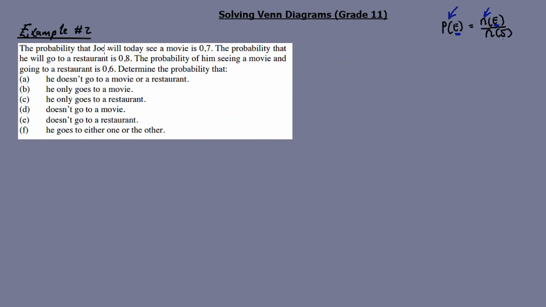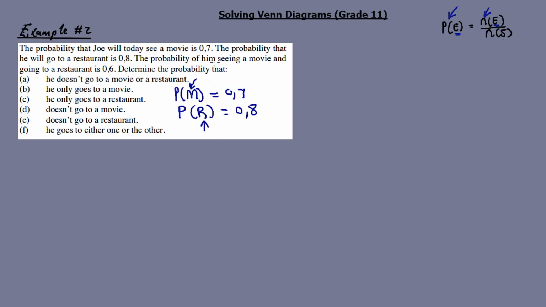The probability that Joe will see a movie today is 0.7. The probability of going to a restaurant is 0.8. Pay attention, the M stands for movie, the R is the first letter for restaurant.